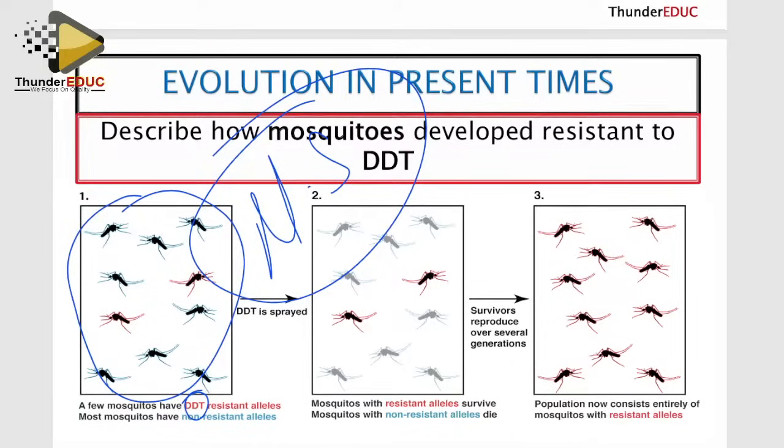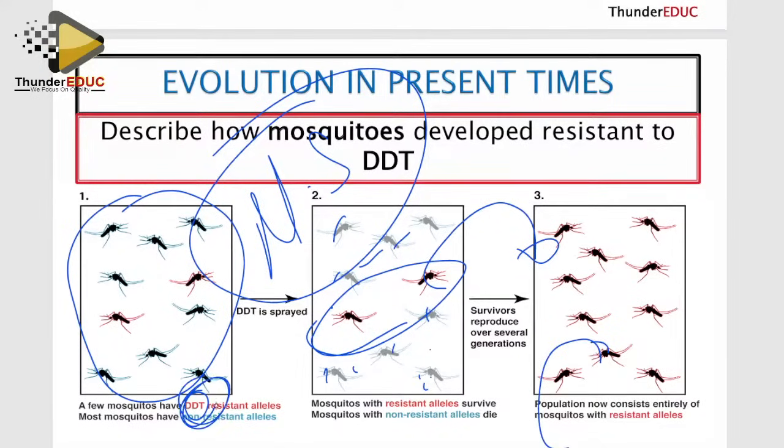So the DDT is going to kill most of the non-resistant ones. You understand? So it's going to remain with the resistant ones. Meaning the resistant ones are going to survive and pass their genes to the next generation. Then when you apply the same dose again, you'll find that the mosquitoes are not dying. Why? Because now only the resistant ones survived.